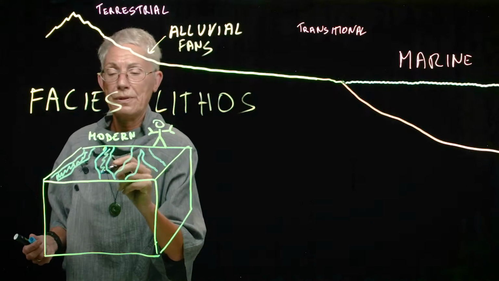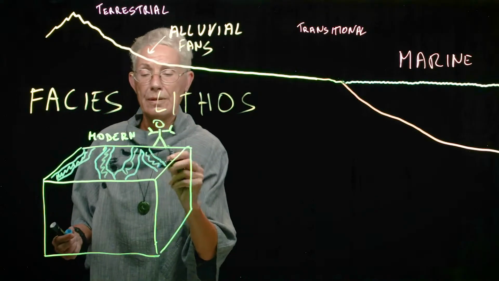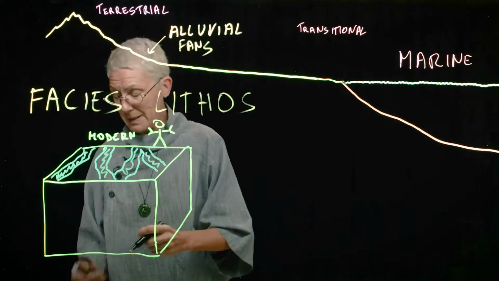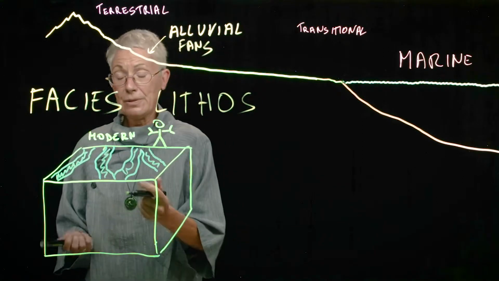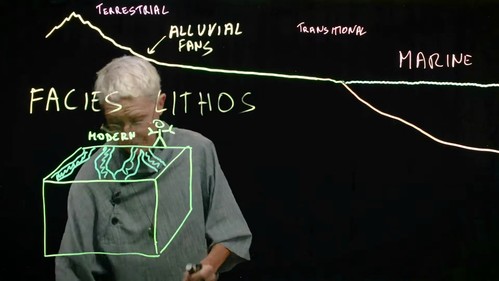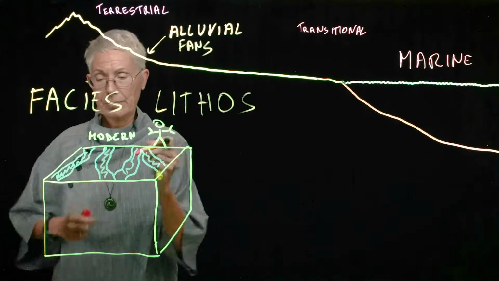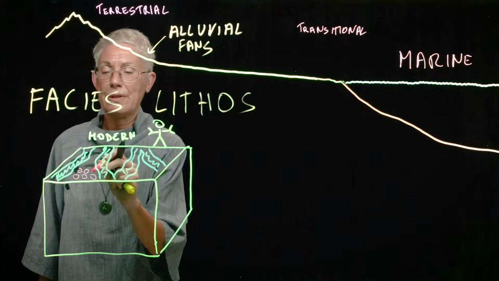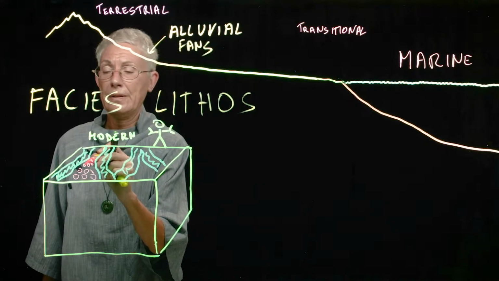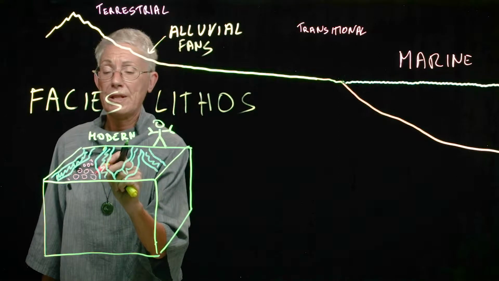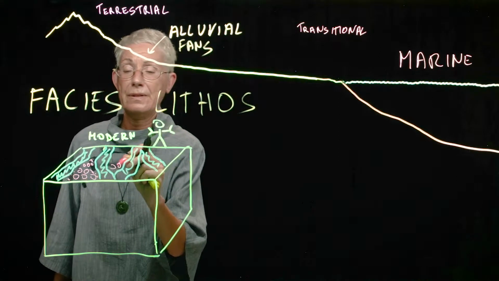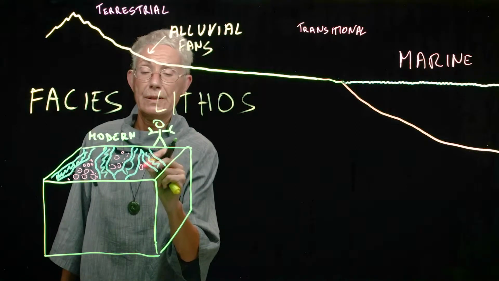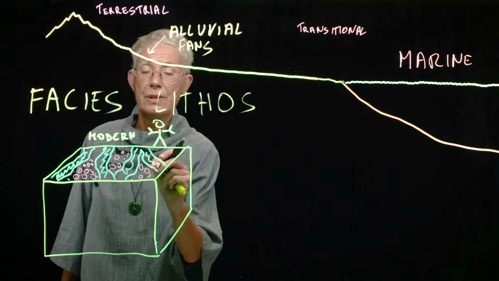So water is flowing in the channels, and it's forming, by deposition, gravel or sand bars. So I put this gravel, and then you might have some sand here, gravel, some sand, and gravel, some sand, okay?